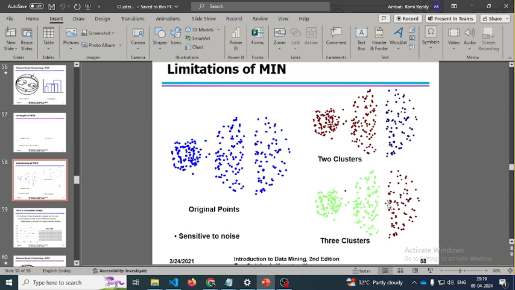Okay. So sometimes what will happen is your data is very sensitive to noise. What is noise? See here, there is a data point, okay, and I mean this data point does not belong to this cluster, this cluster or this cluster. This is called a kind of noise, okay.